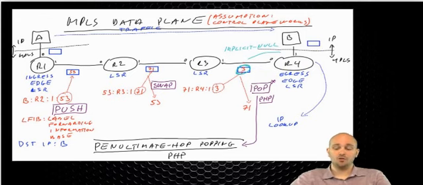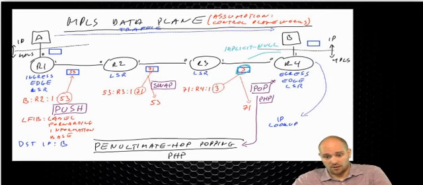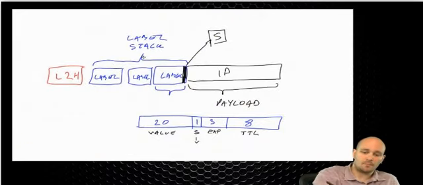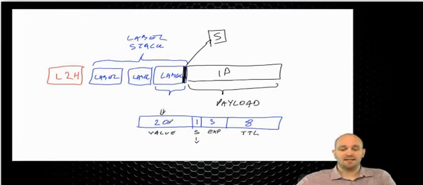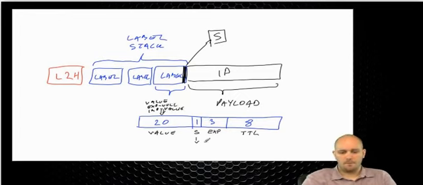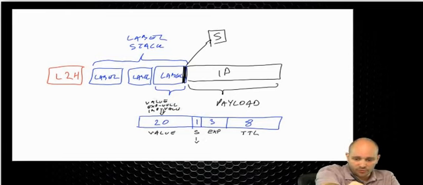Now, if you are using explicit null label, what is happening in the explicit null is that this value here may indicate that it is an explicit null. So this can be either some number value, it can be explicit null value, or it can be implicit null value. It can be a couple of others, but these are the implicit, sorry, I just wrote the wrong thing there.